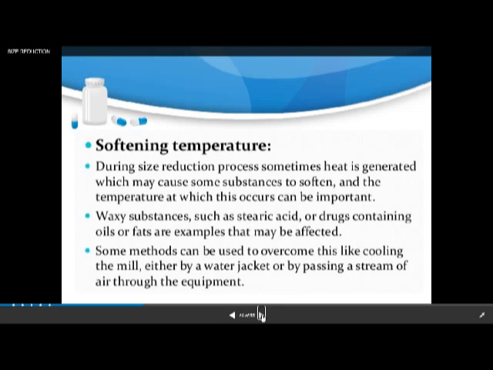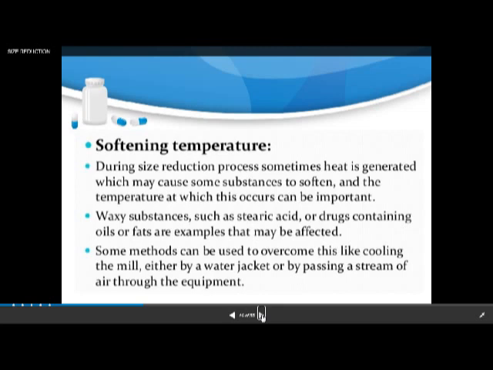Then the softening temperature, the next factor which affects size reduction. During size reduction, generally heat is generated. Some materials, very few actually, get softened due to that temperature. For example, waxy materials like stearic acid, or some drugs containing oils or fats.